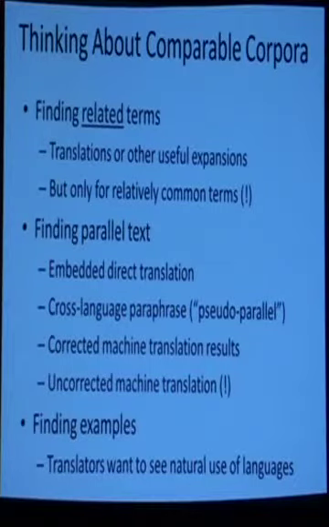Okay, and then the final example comes from Carol Peters. So in 1996, we all got together to start talking about cross-language retrieval, and Carol Peters, the founder of CLEF, wasn't actually interested in cross-language retrieval. What she was interested in was building tools for translators. And translators don't want to see translations.